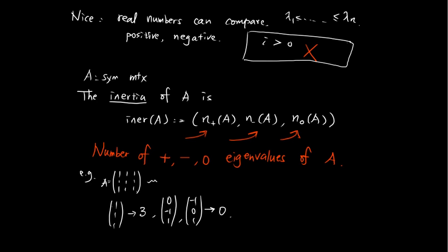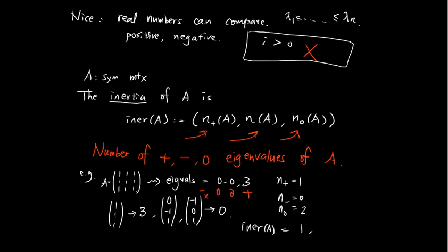So the spectrum, the eigenvalues, is equal to 0, 0, 3, right? So that means it has one positive and two zeros and no negative. So in this case, we got n plus is equal to 1, n0 is equal to 2, n minus is equal to 0. And the inertia of A is equal to 1, 0, and 2.